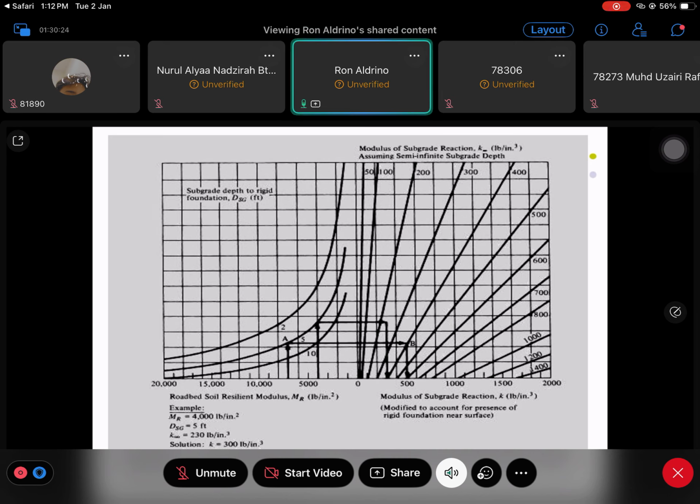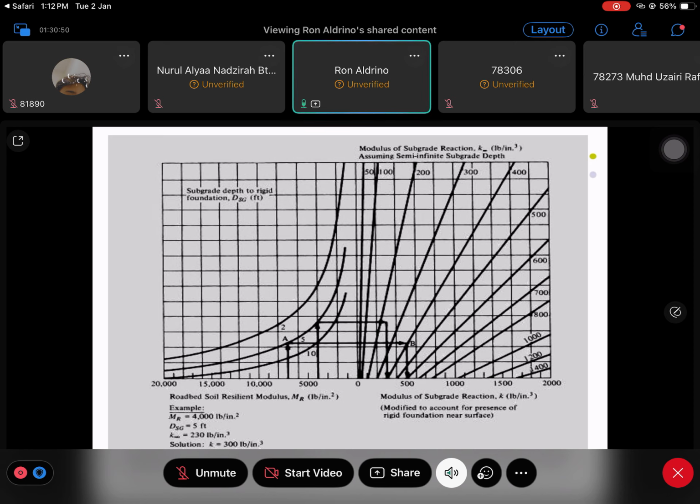They have done a lot of the calculation, collected much evidence, and finally compiled it into a catalog base. If I taught you guys back before 2010, 2012, all my students had to do manual calculation and assumption for their flexible pavement.